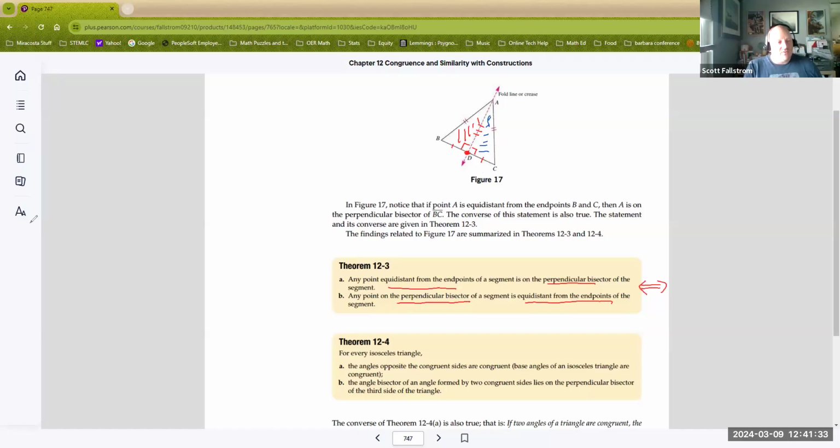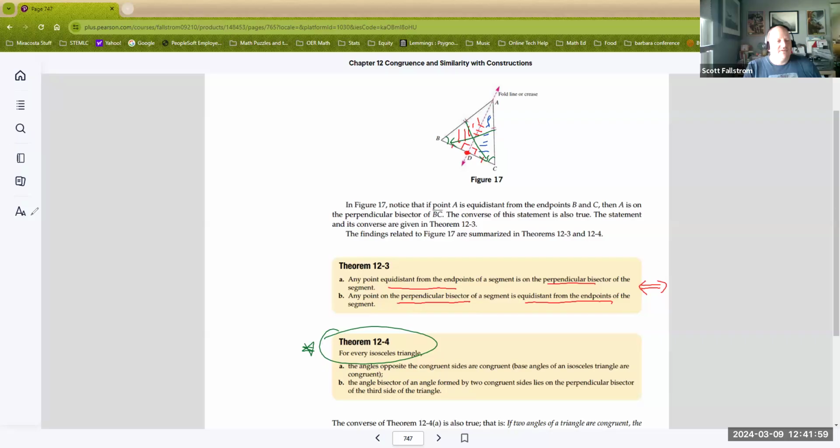Now, if they are congruent, then the corresponding parts are also congruent, which means angle B and angle C, which are corresponding angles, have to be congruent. And that's what you get down here in theorem 12.4. It says the angles that are opposite the sides that are the same in an isosceles triangle have to be the same.